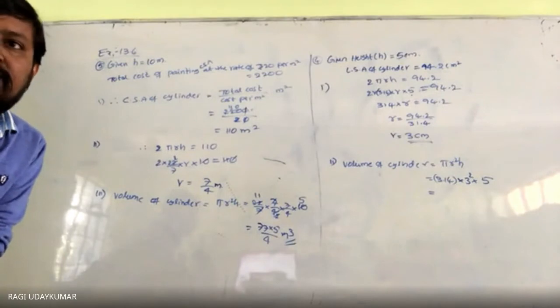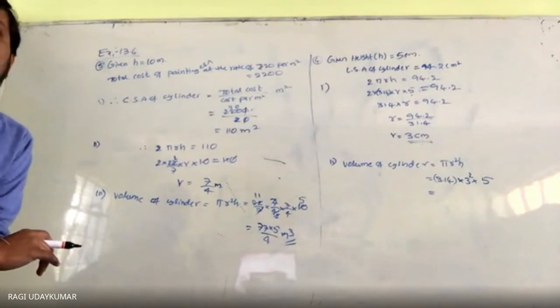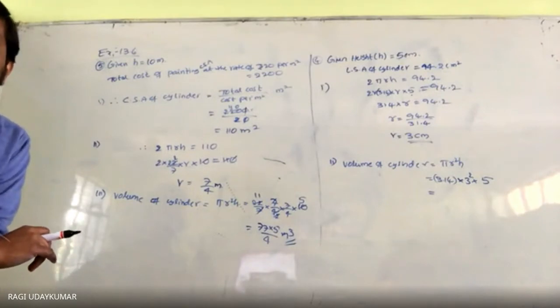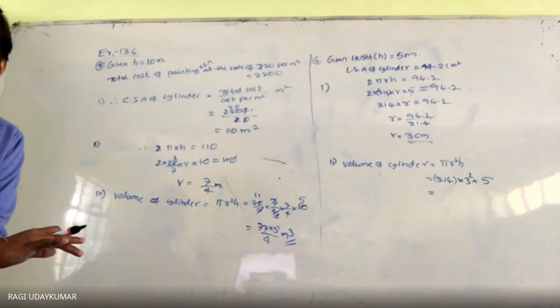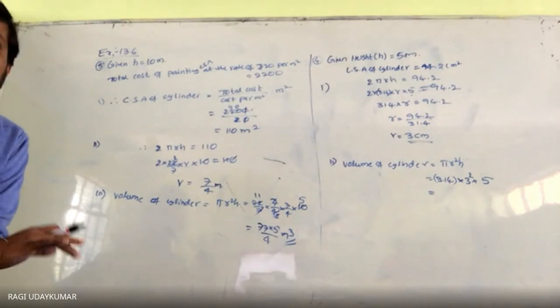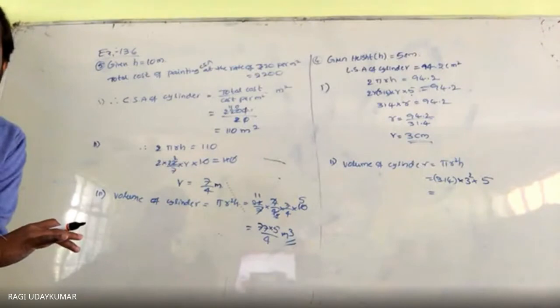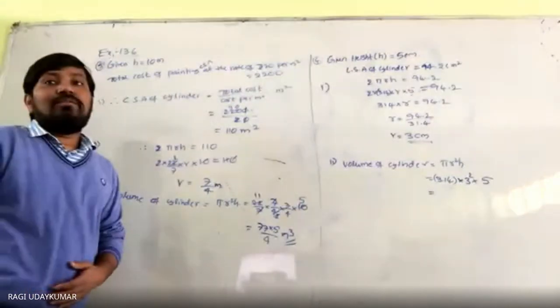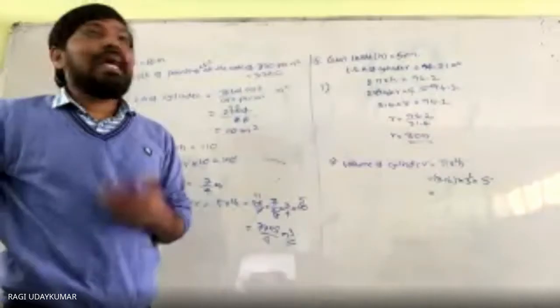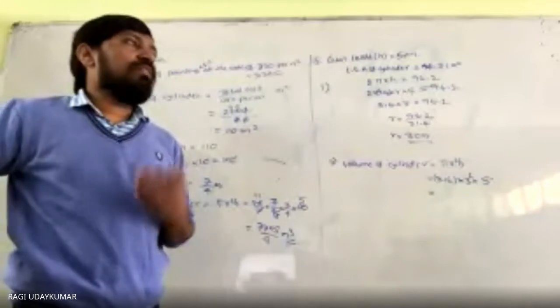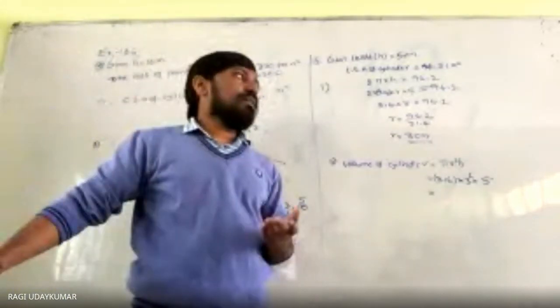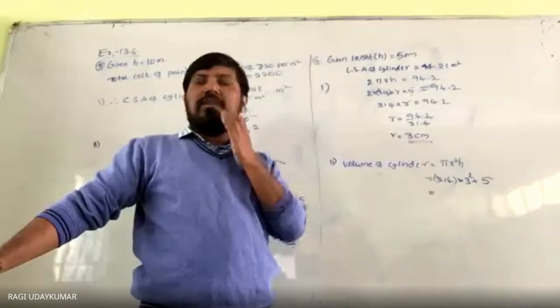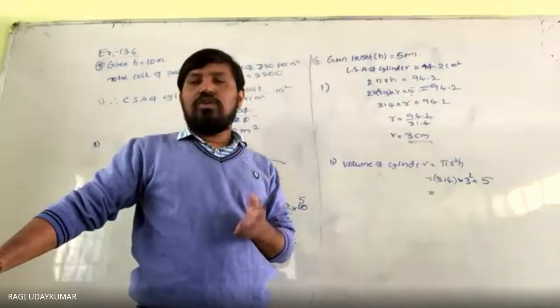Next, sixth question. The capacity of a closed cylindrical vessel of height 1 meter is given. Capacity is given, meaning the volume is given to you, and how many square meters of metal sheet would be needed to make it? So the volume is given and the height is given, and with the help of these you can find the radius.